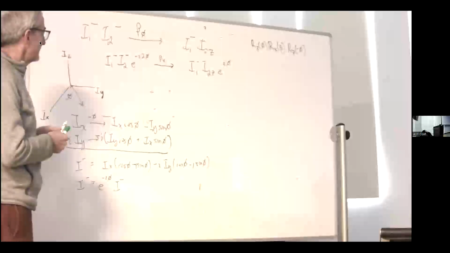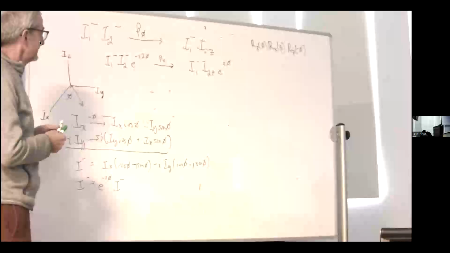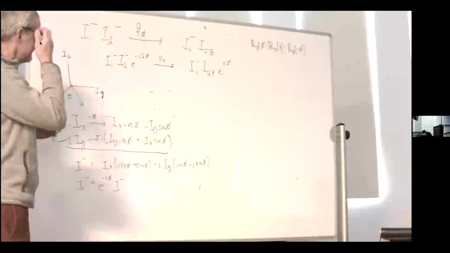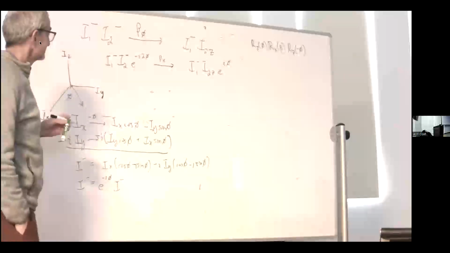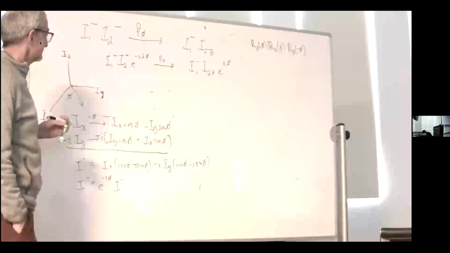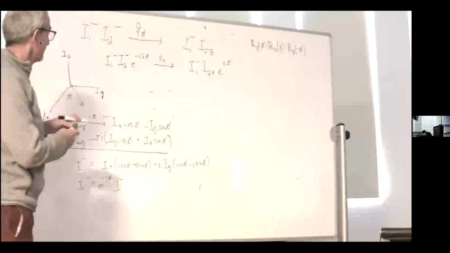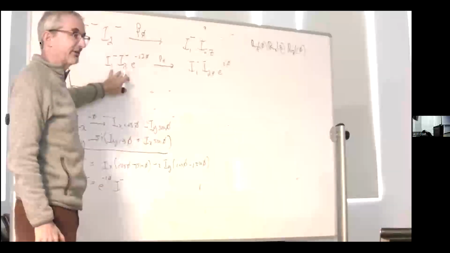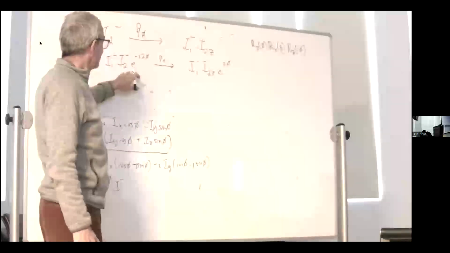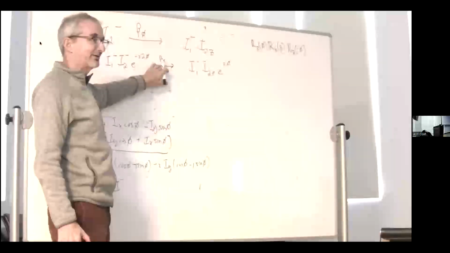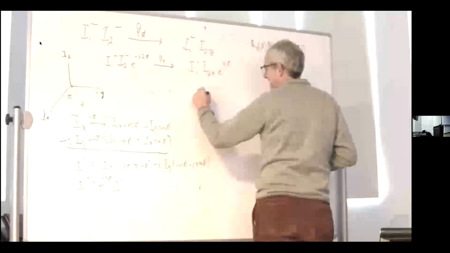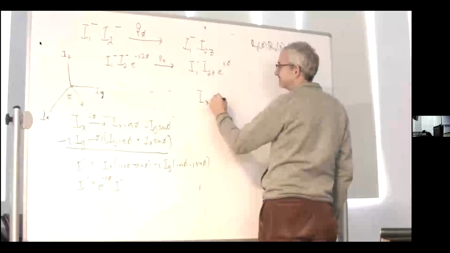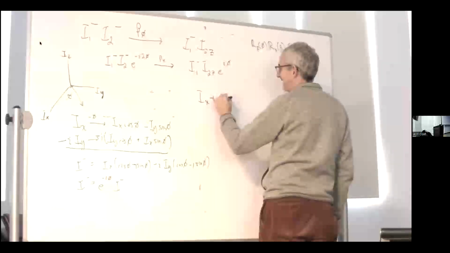So now, since both of these are minuses, I just need to work out what happens when I apply a beta X pulse to I minus. So again, I have Ix minus i Iy.